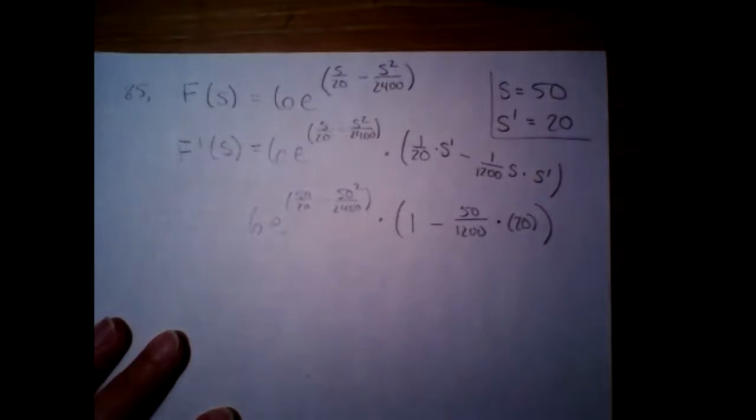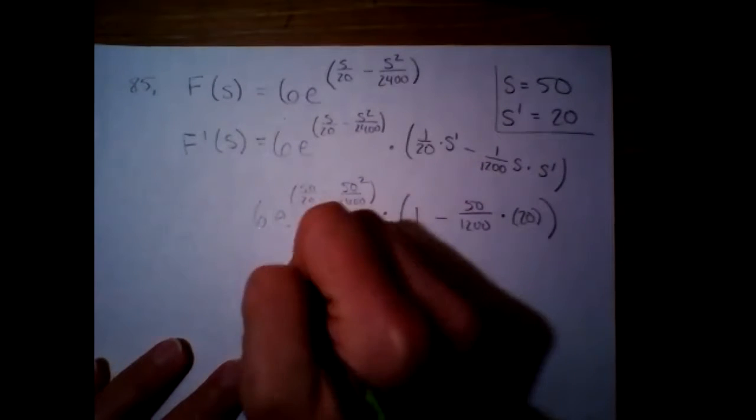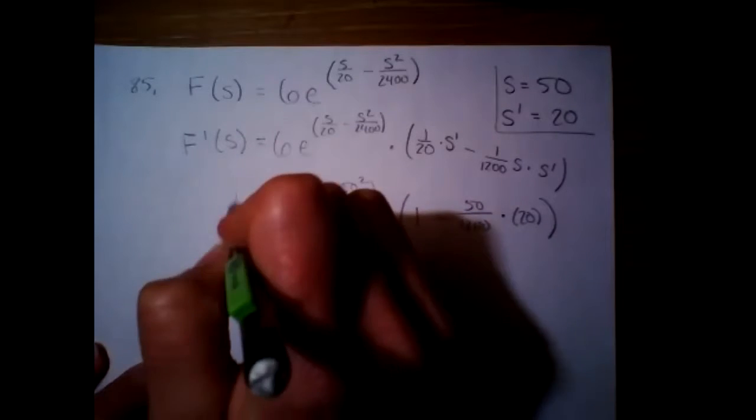I'm not going to sit here and poke all that into the calculator in front of you because I don't want to waste your time. But if you plug that in, you are going to get 4.299, which is choice B. So you would put all of that in the calculator.